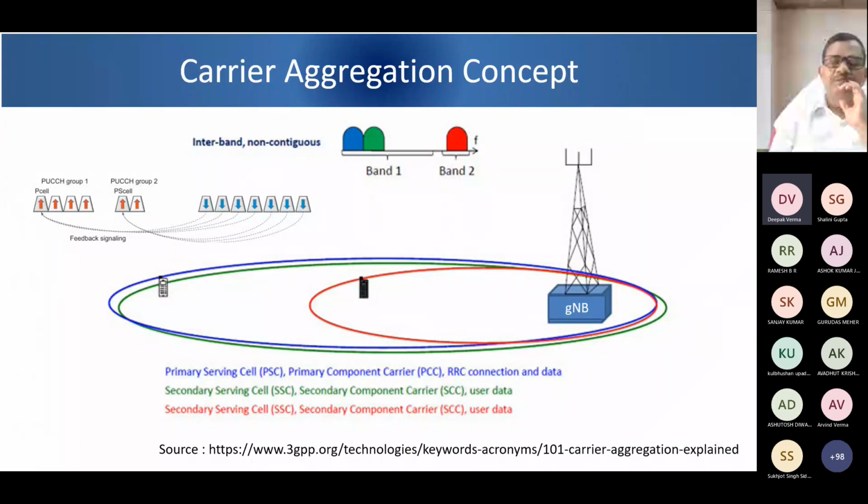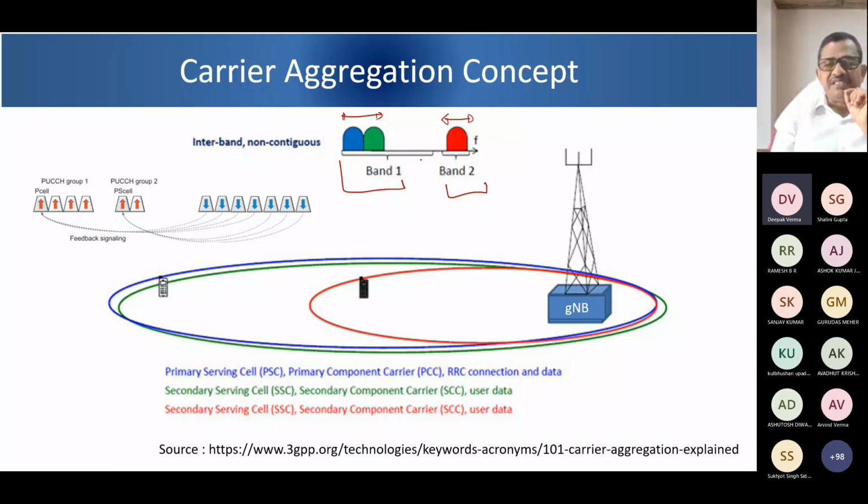In this example, what I'm taking is that I have two carriers which are contiguous and in the same band, that is intra band contiguous, and in addition I have one carrier in band 2. So in case carrier aggregation has to be used, let us also assume that these are on the lower side of the band and this is on the higher side, the higher frequency band.